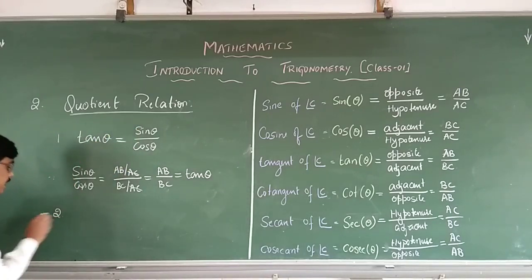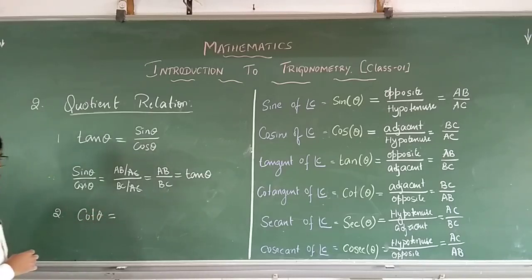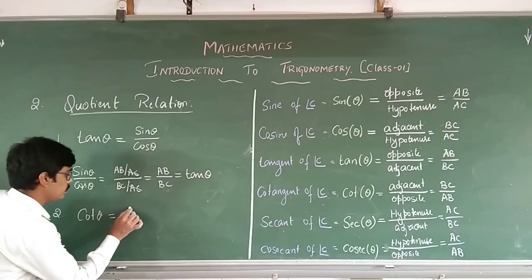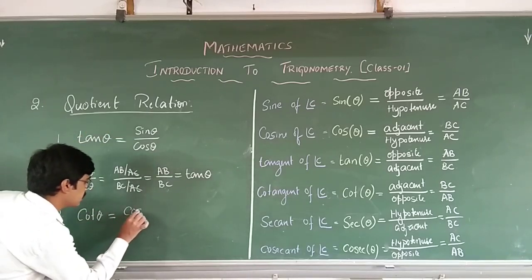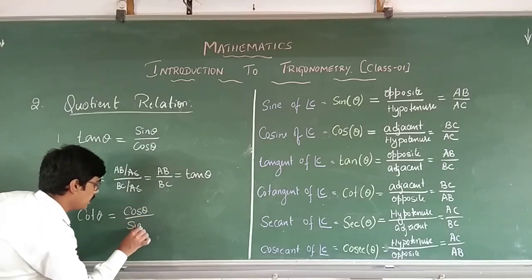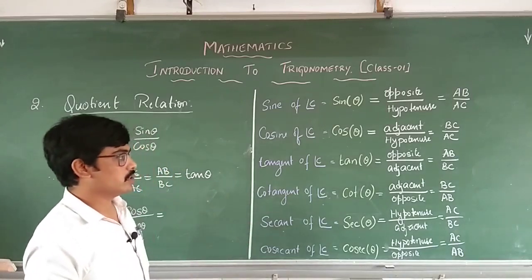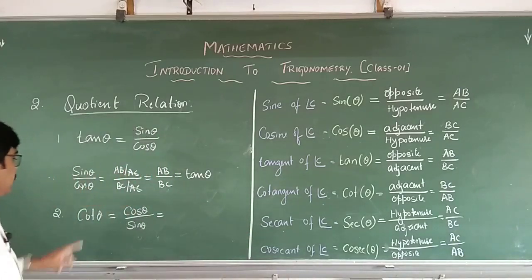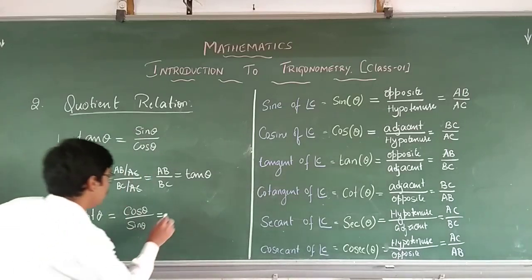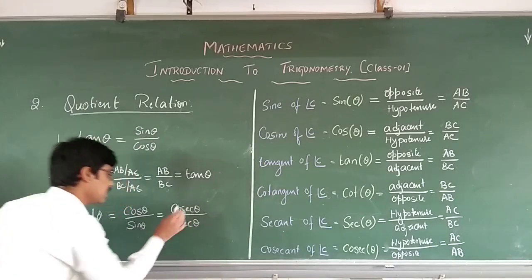The second one is we can write cot theta as cos theta by sin theta, or also I can write secant by cosecant, or cosecant theta by secant theta, this can also be written.